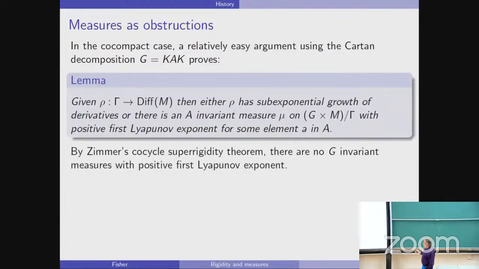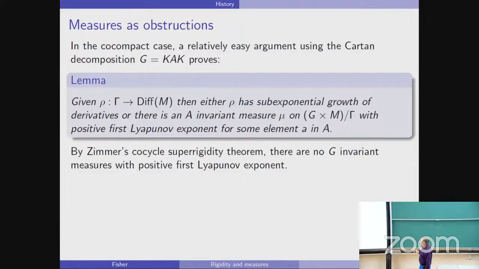And if you take the Cartan decomposition and you do an argument that's really not too hard, it's a few pages, what it tells you is that if gamma is mapping into diffeomorphisms of M in the setting of our theorem, then either my action has sub-exponential growth of derivatives, or there is some A-invariant measure mu on G cross M mod gamma with positive first Lyapunov exponent for some A in A. So I'm saying, I found some nice measure, and I'm actually hiding a step here.